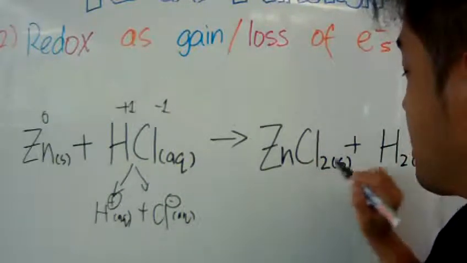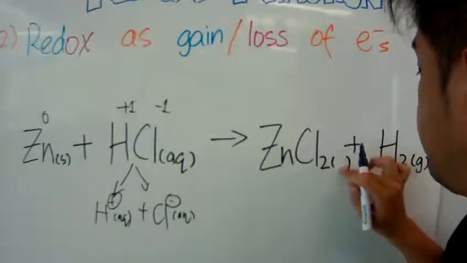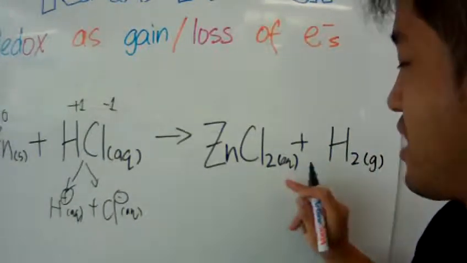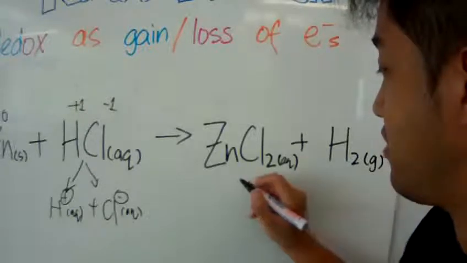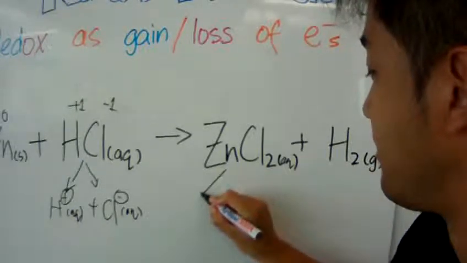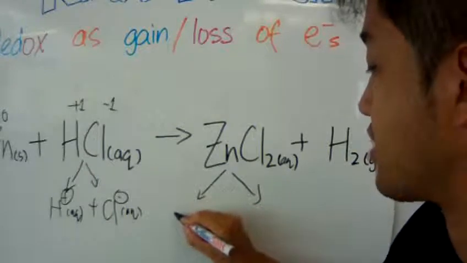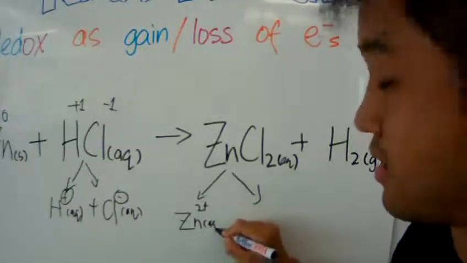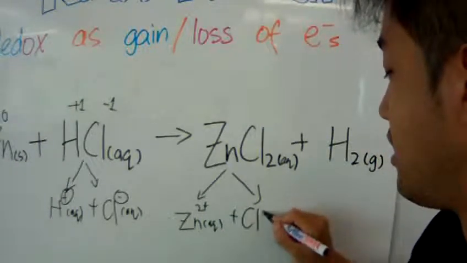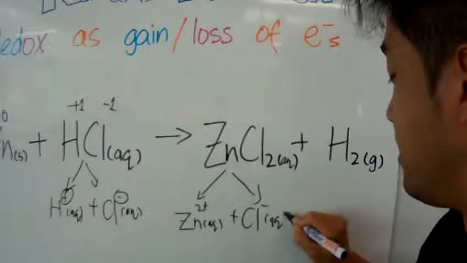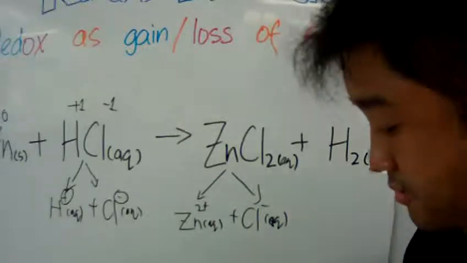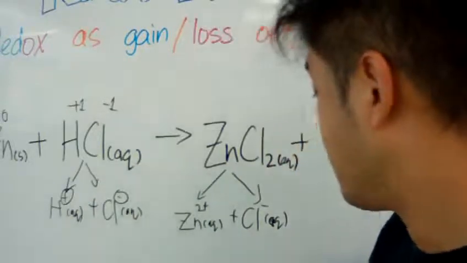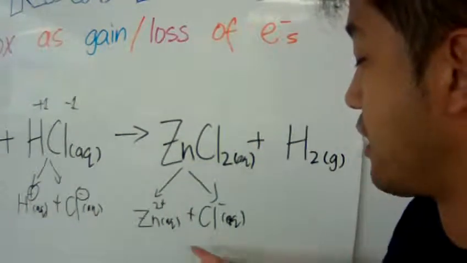And when zinc chloride is made and is in a solution, what is going to happen is that it too is going to dissociate into zinc ion and chloride ion, or just a chloride. Chloride ion is not really the right word because chloride is in fact an ion. Okay, so zinc ion and chloride.